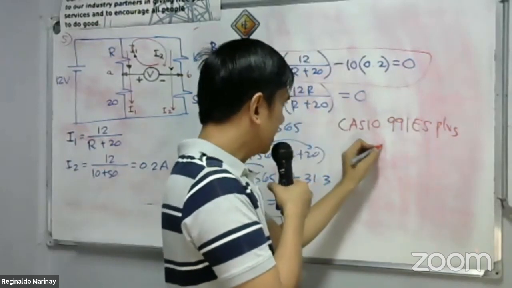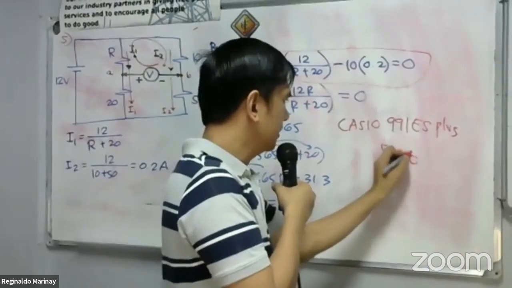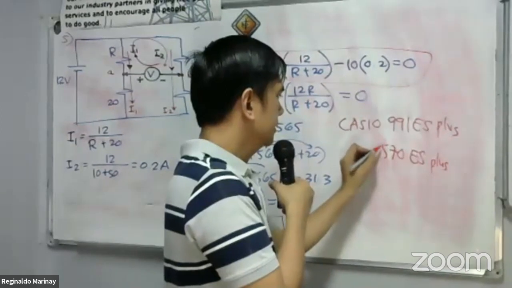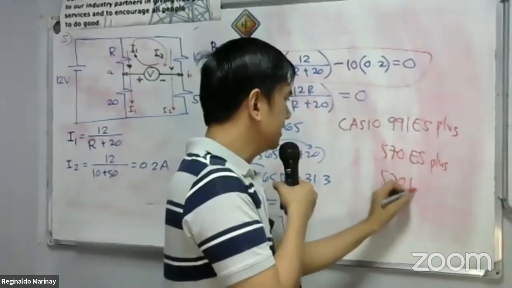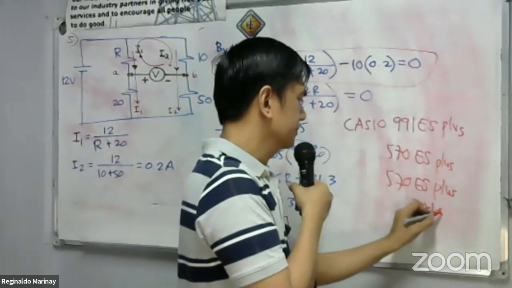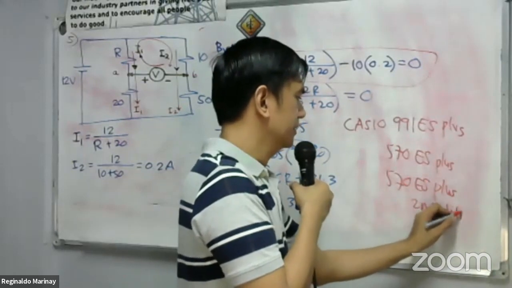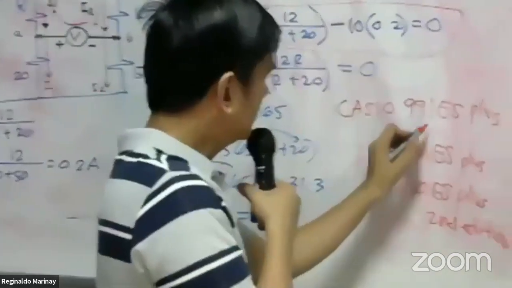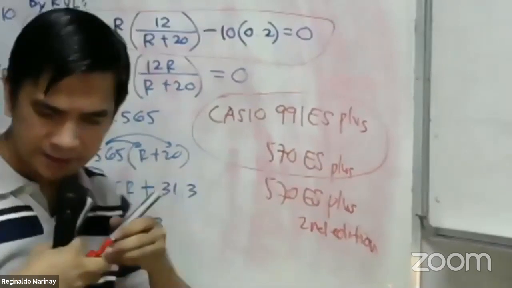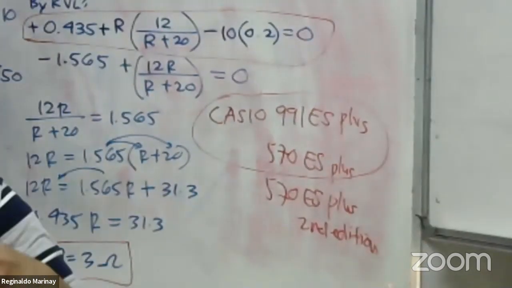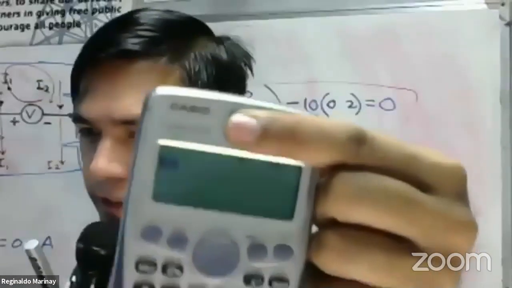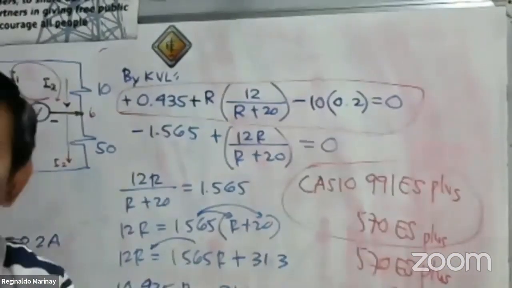You can also use the Casio 570 ES Plus, or the 570 ES Plus second edition, the color black. The 991 and the 570 ES Plus are just the same. Their only difference is the solar power here. Just like this one, that is the 570.